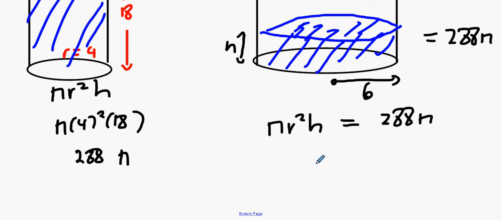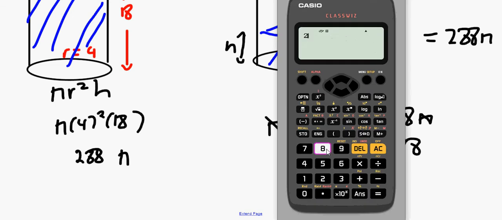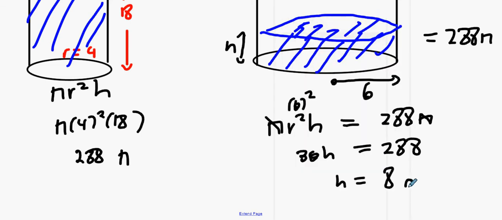Then what does that mean? Pi's cancel. What's the radius squared? 6 squared is 36. And then 288 divided by 36? 8. We got 8, did we? Yeah. Everybody cool with that? Alright, let's keep going.